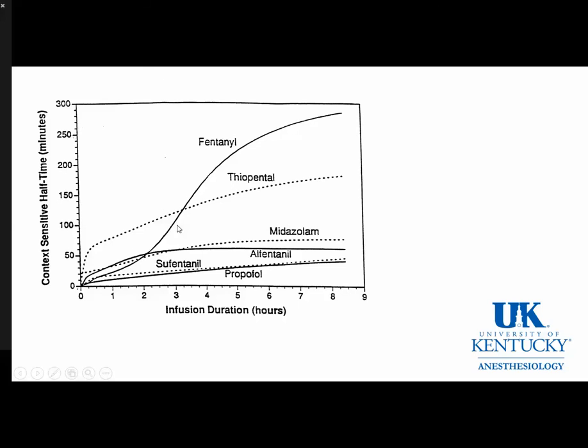This is a chart out of one of the Stoelting and Miller's anesthesia texts, and it depicts the context-sensitive half-time of a number of different drugs that are commonly used in anesthesia.